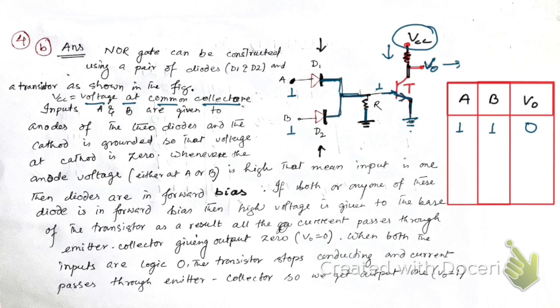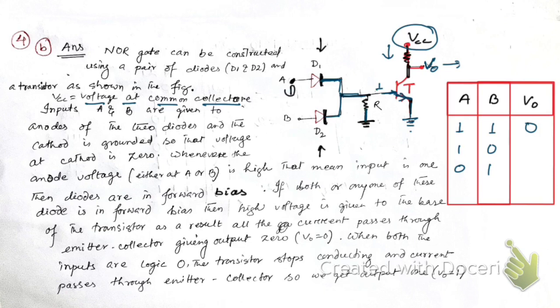In case you give either A or B, any one of them on, that means here the input is 1 and this input is 0, or this is 0 and this is 1, in that case also, this diode will conduct.